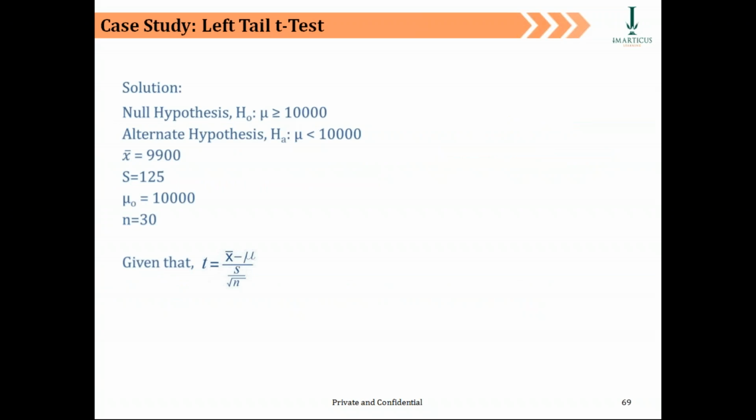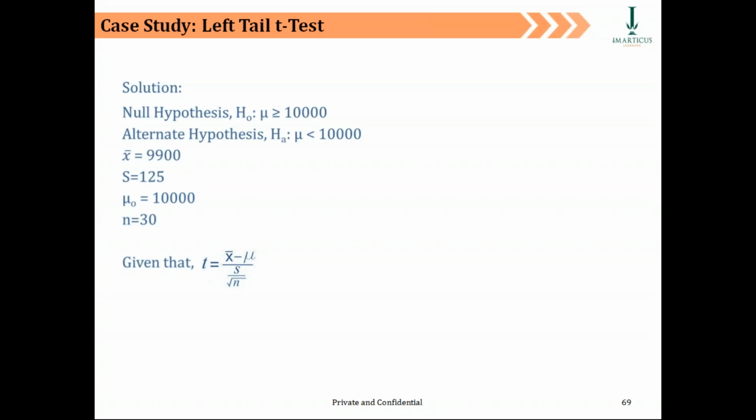Look here. The null hypothesis is saying greater than 10,000 kilometers, and the alternative hypothesis is saying less than 10,000. Your x bar is given. Now you must have realized why x bar is written in the formula.